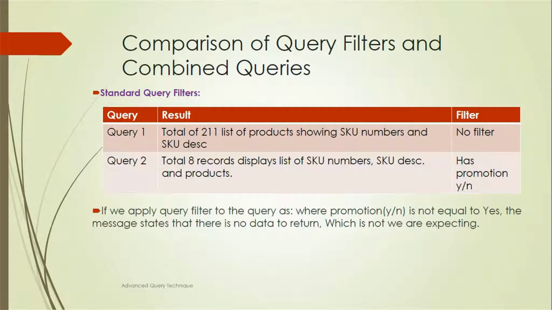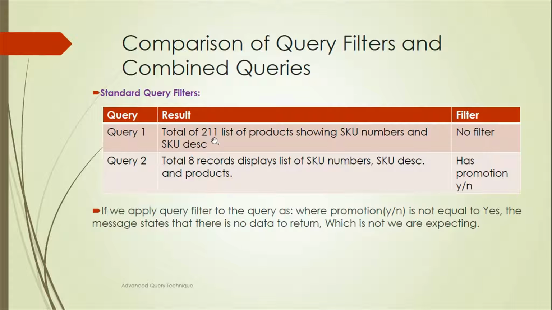Okay, let's see in an example how standard query filters, which are generally used, will cause a data issue. Let's take two queries, query one and query two. Query one is taking SKU numbers and SKU description data from the products.